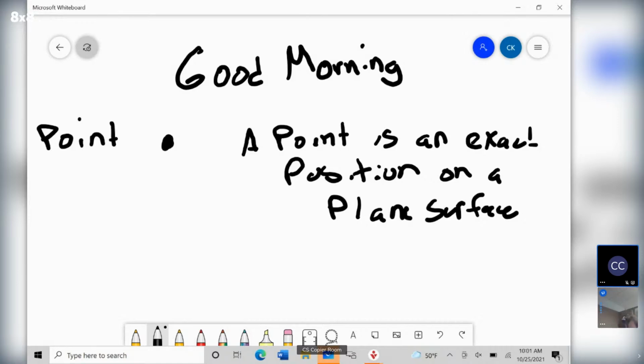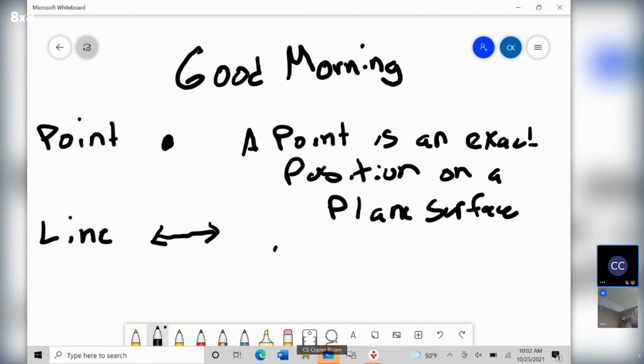The next one I want to do is a line. How you'll see a line is it's a line, but it has 2 arrows. I mean, that line goes on forever, okay?